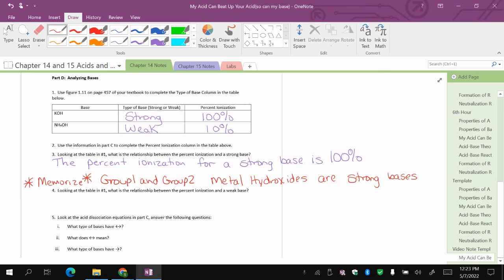Anything else besides a group 1 or group 2 metal hydroxide is considered weak.